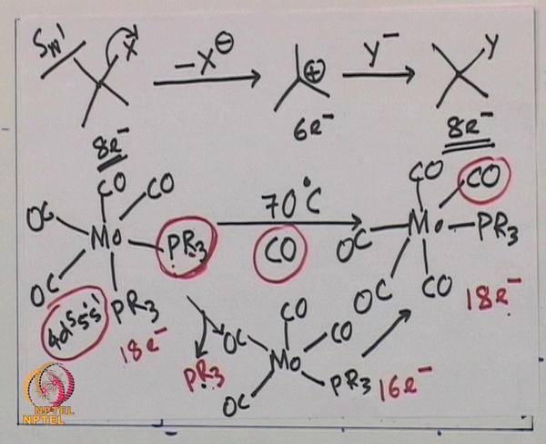That again experimentally shows that when you have an 18 electron complex, the intermediate formed for this reaction is a 16 electron one, which will undergo ligand exchange with an exogenous ligand to give you an 18 electron complex. That is the trend we see for 16 electron and 18 electron complexes.